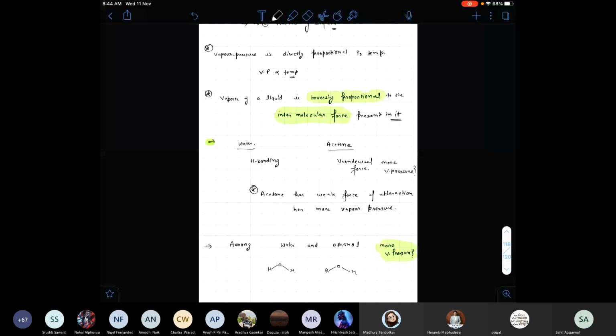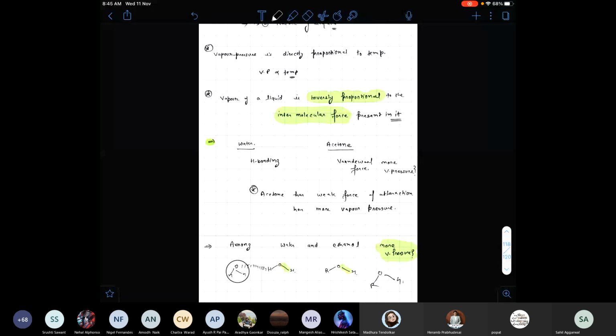We are not talking about the force between atom and atom. We are talking about the force between molecules. This bond is a covalent bond, and this bond is also a covalent bond. Both of them have covalent bonds; that is only how we have a molecule. But we are not talking about that force. We are talking about the force of attraction between the molecules.